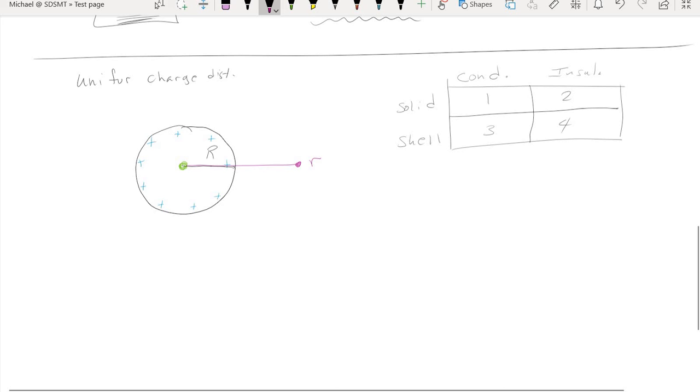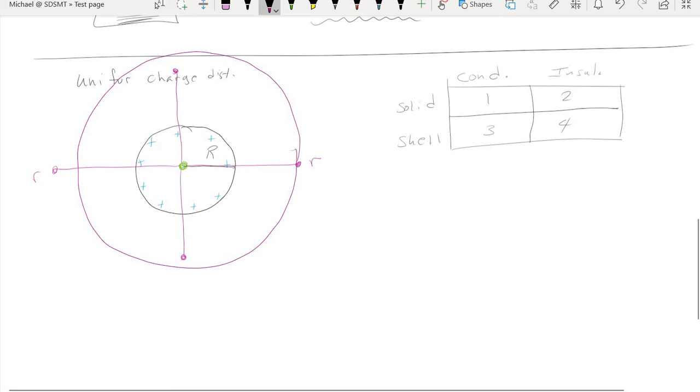But it shouldn't matter where I measure r. There are a lot of different points out in space that are a distance of r from the center of the sphere. And it makes sense that every one of those points should experience the same magnitude of electric field.